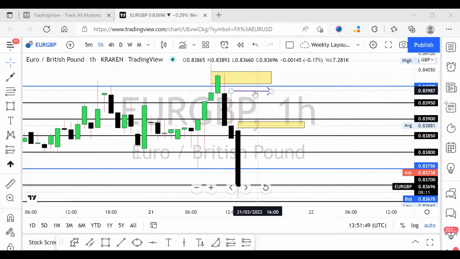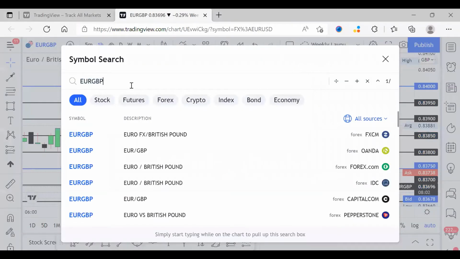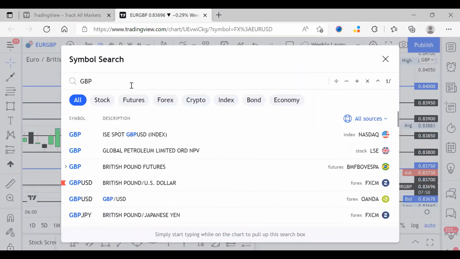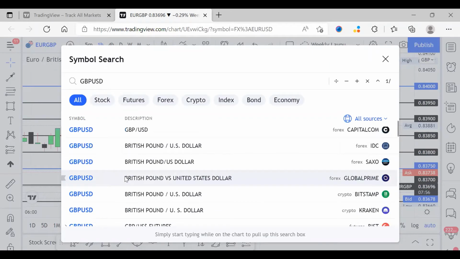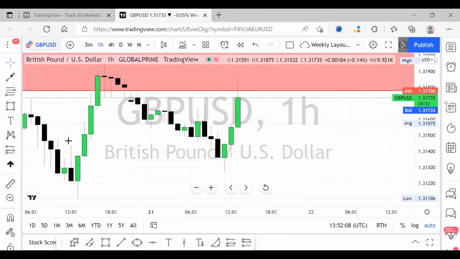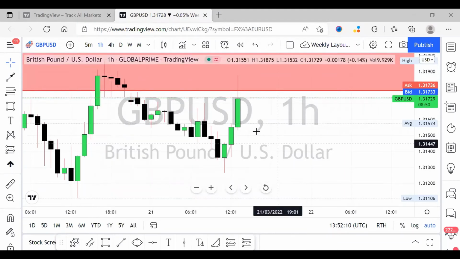Can you explain again how to draw these lines, horizontal lines and settings? Right. So I'll start with a brand new chart. First of all, I'll get rid of all this.